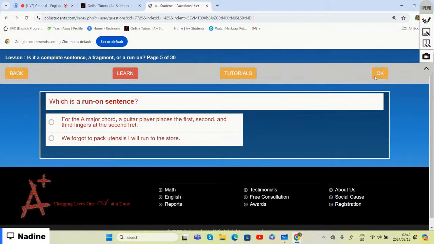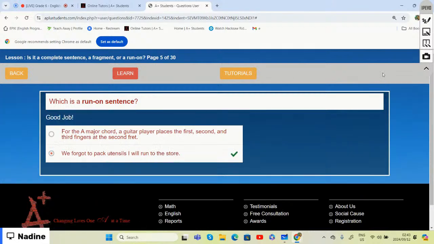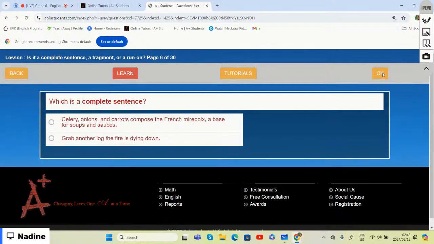And if we were to choose our correct option, then yeah, we will choose option two, which is a run-on sentence. That sentence has got no end punctuation.